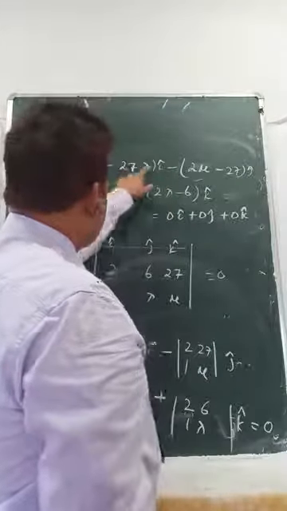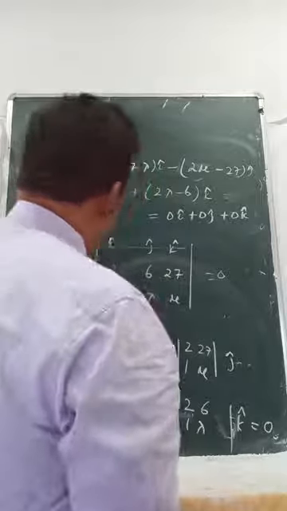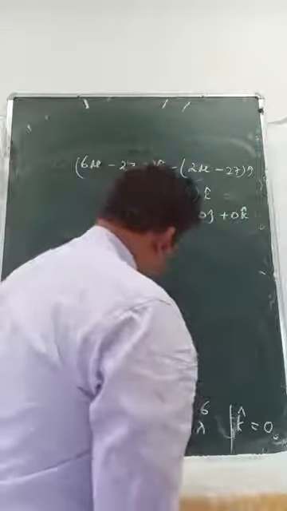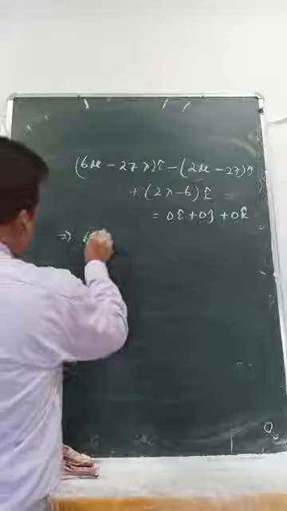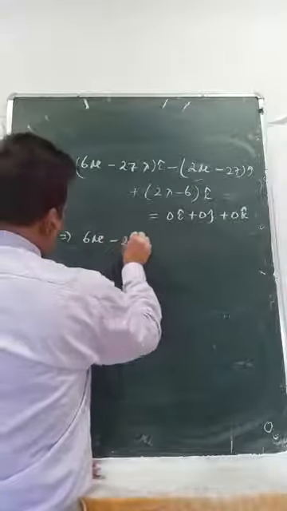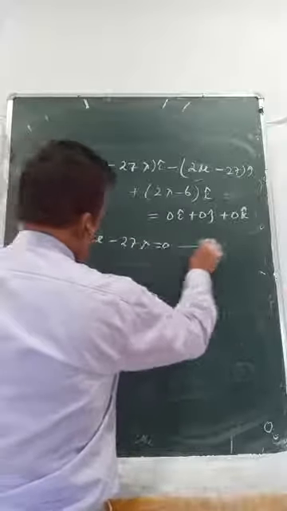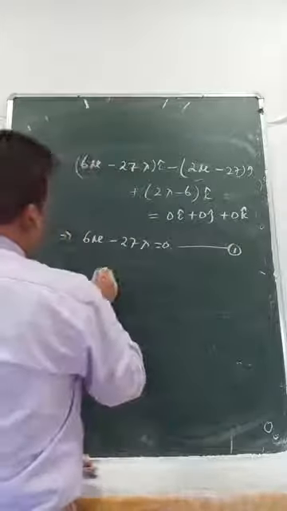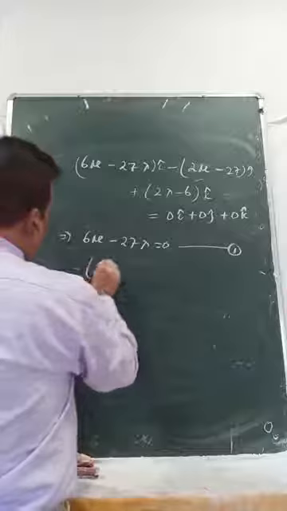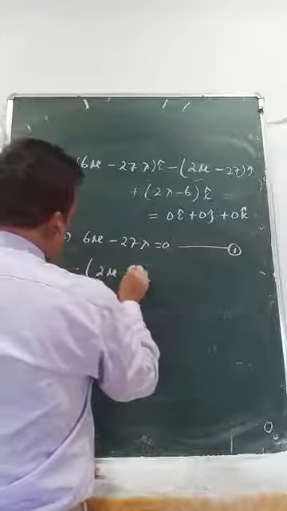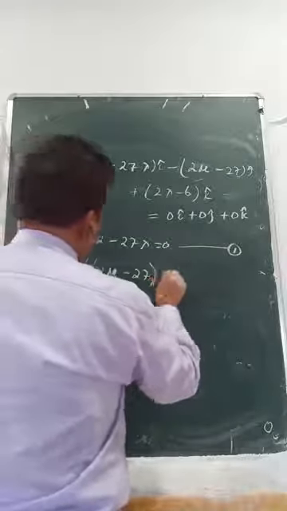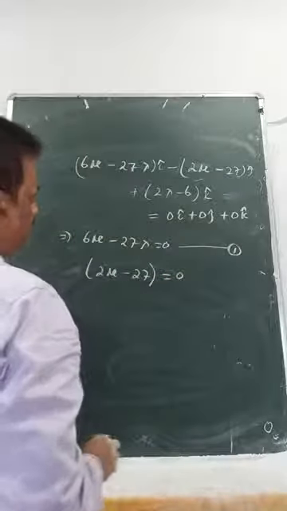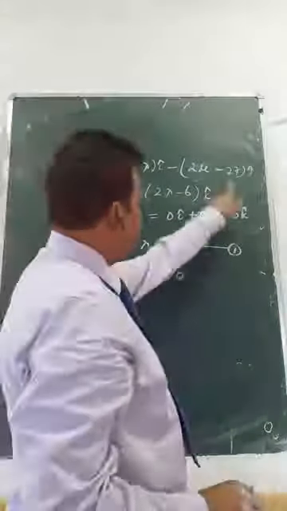6 mu minus 27 lambda equals 0. Then 2 mu minus 27, the minus sign you may not take, doesn't matter, equals 0, because everything is 0 here.